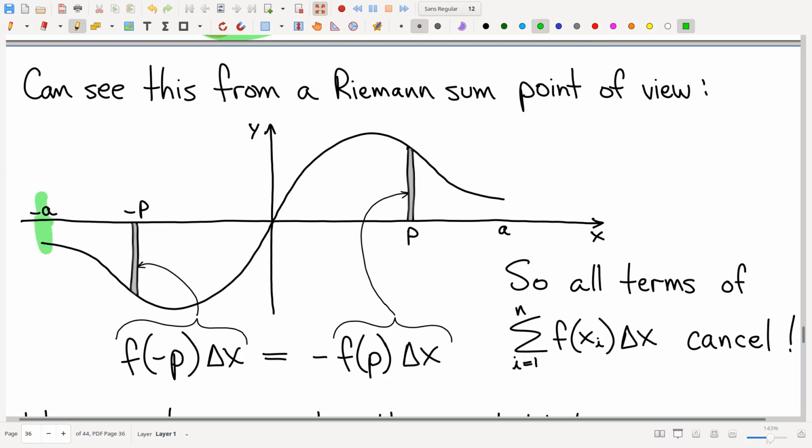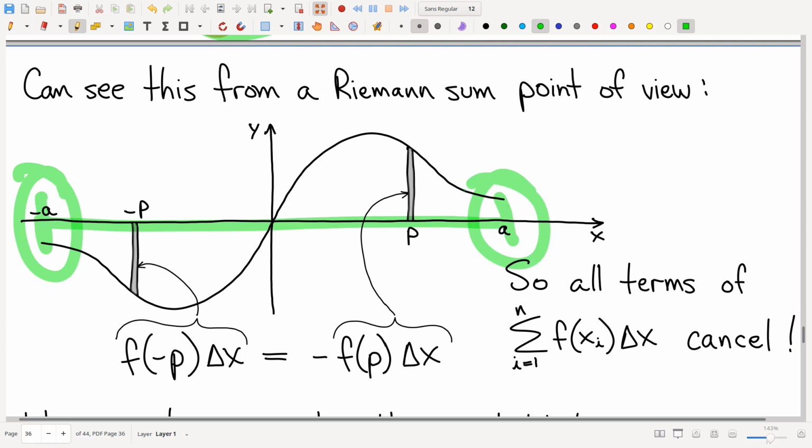You can see we have our symmetric domain here from negative a to a. You can kind of see in the picture sort of the oddness of the function, that it's sort of the exact opposite on the left as it is on the right.